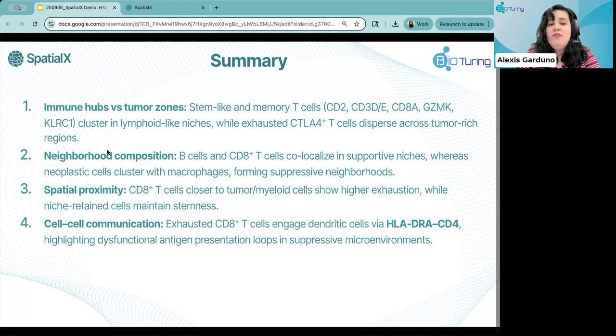We then went into more of a neighborhood composition. So we were trying to really look at what is a co-localization of these different niches and can we see that across different cell type populations. And the last two are more specifically related to how can we quantitatively look at the proximity of these cells and how they actually interact, whether that's through distance query.